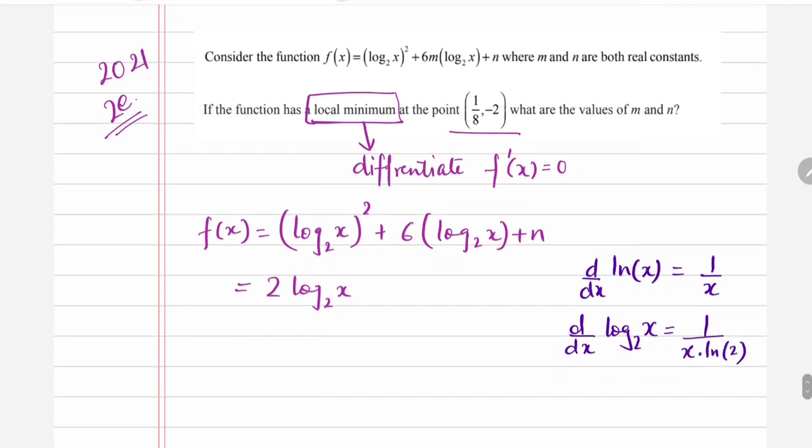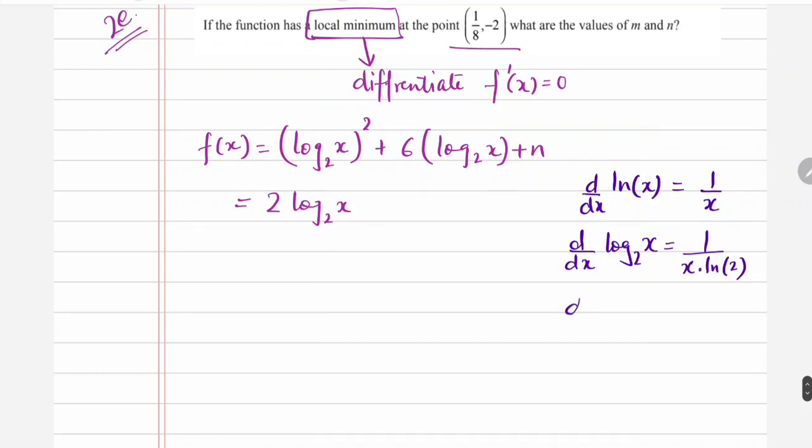It's exactly the same as ln: 1 over x times ln of e, because ln has the base of e, and ln e gives us 1, so that leaves us with 1 over x. It's the same law used there, just different bases. So in this case, we are using log base 2 of x, which gives 1 over x ln 2.